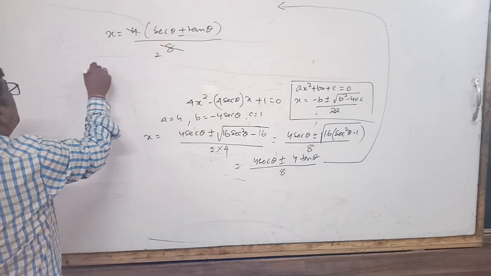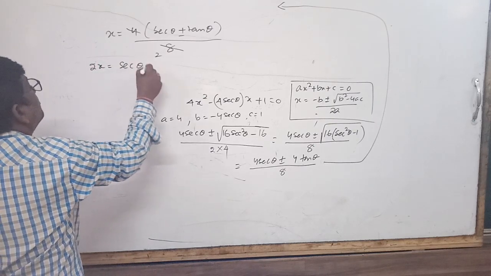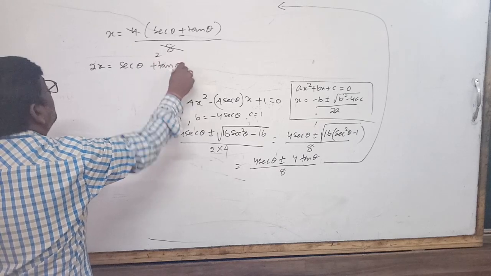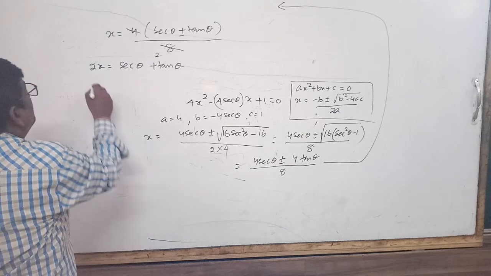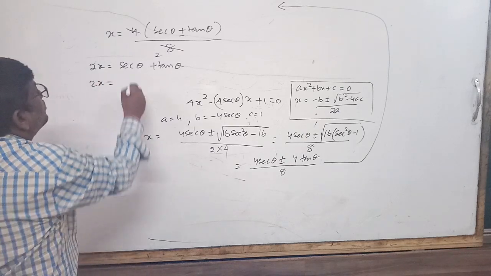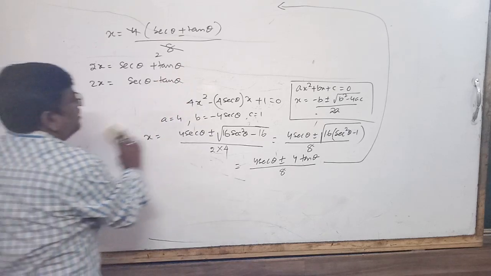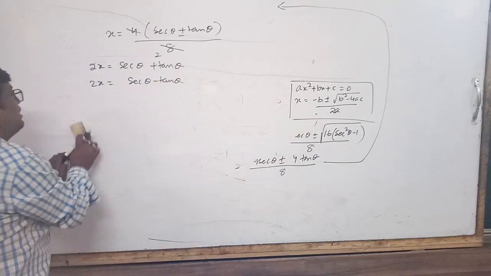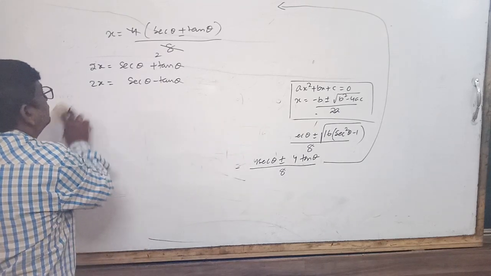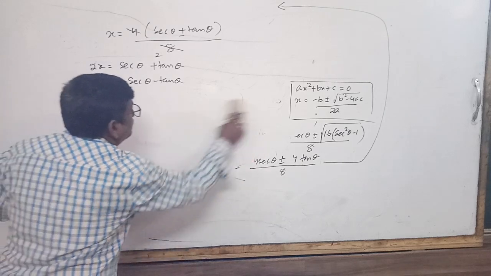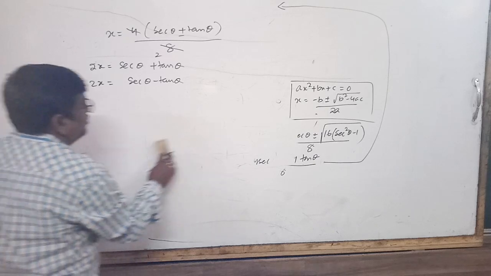Now 2x is equal to sec theta plus tan theta, or 2x is equal to sec theta minus tan theta. Clear? Now 2x is equal to this.